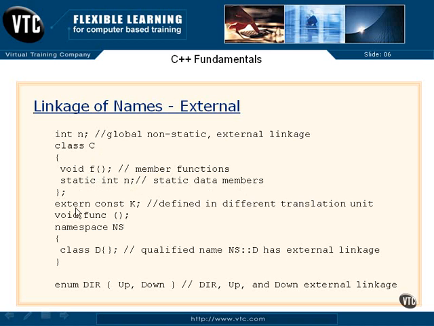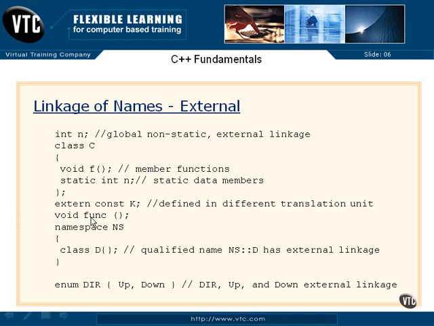Here we have an external constant called k, and we are saying that k is defined someplace else. Remember the extern keyword that we used in C? Well, we still use that here, and we are declaring k to exist and be defined someplace else. There can only be one definition, and we talk about that in a couple of videos coming up. But it can be declared all over the place.